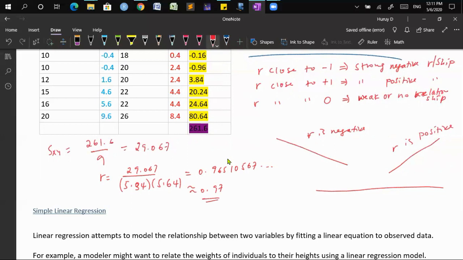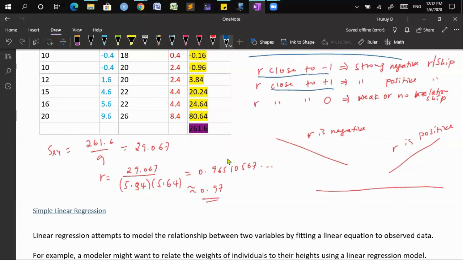We will come to StatCrunch, but let's look at this R value and interpret it. Based on this, what did we say? If it's close to +1, then we say there is a strong positive relationship. And as you can see, this is close to +1.